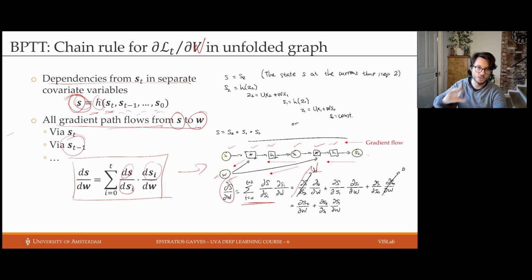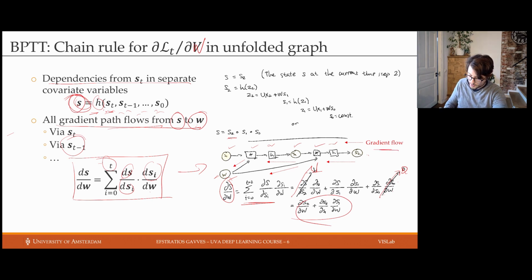It's our very initial state. It's how we initialize things, so it's a constant and it goes to 0. So what remains is this sum. Of course, this is for the special case of 2 time steps. When you've got t time steps, you have to take into account all possible derivatives.